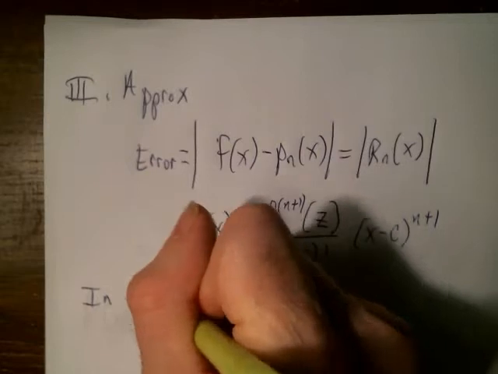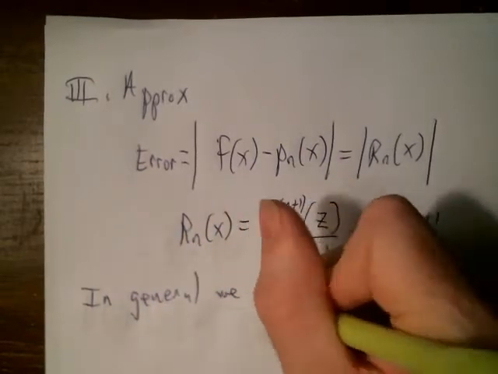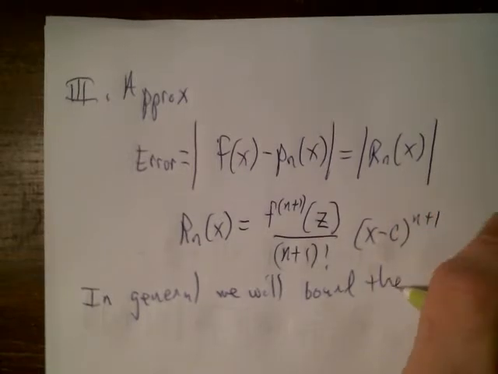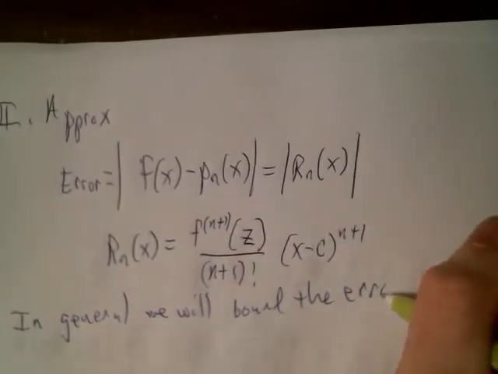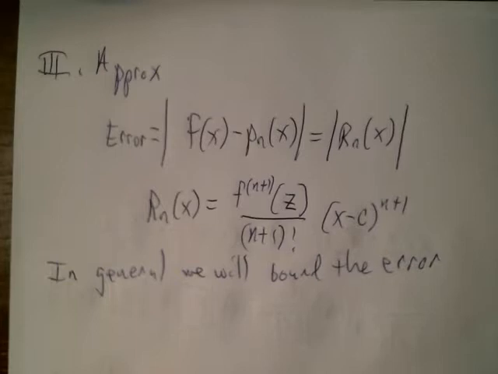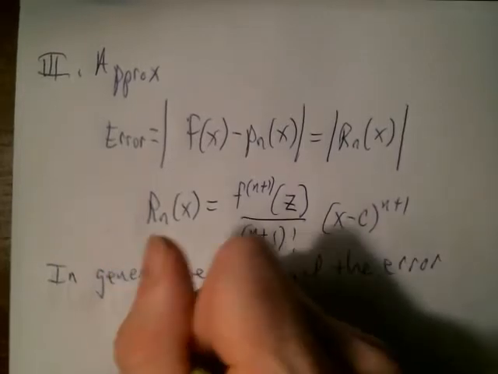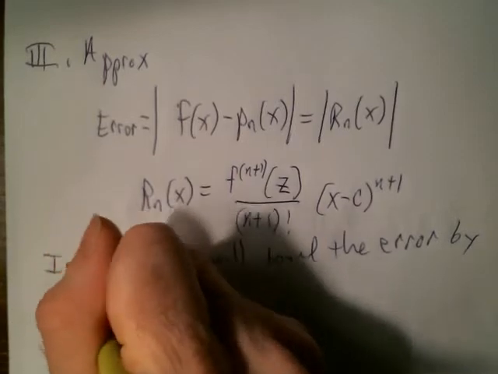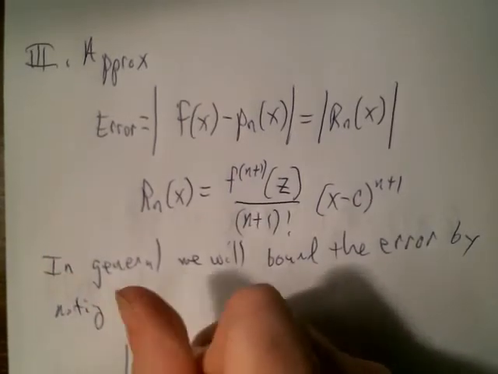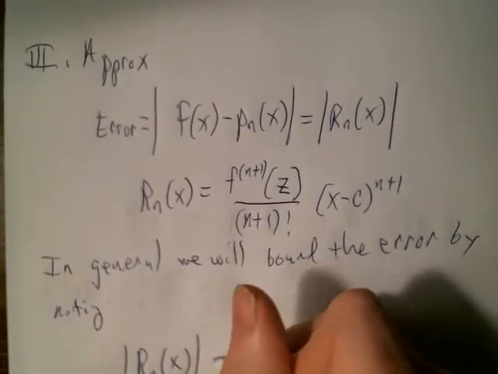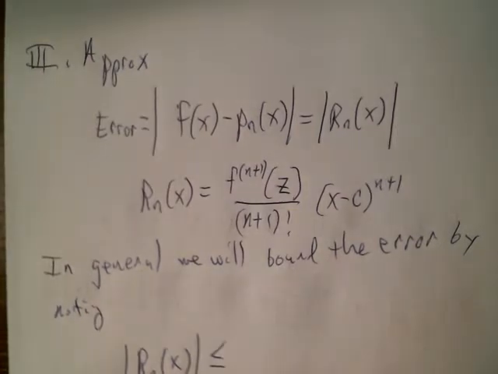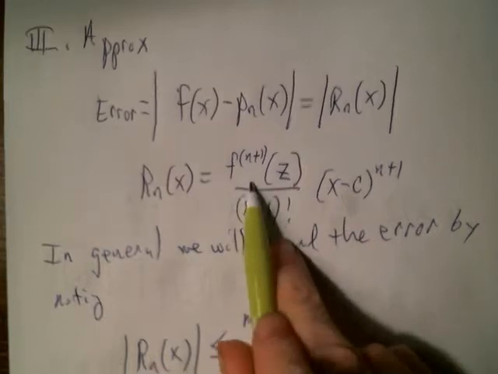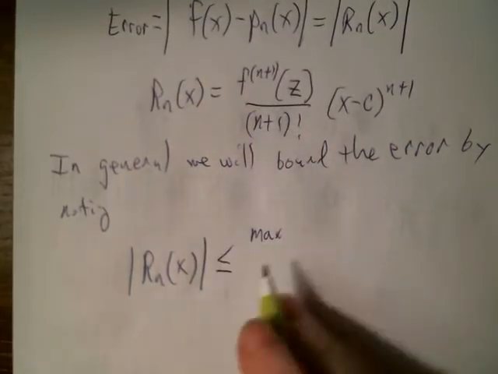In general, we will bound the error, this r sub n of x function, by noting that the absolute value of r sub n of x will be less than or equal to the maximum of this function on this interval from x to c.